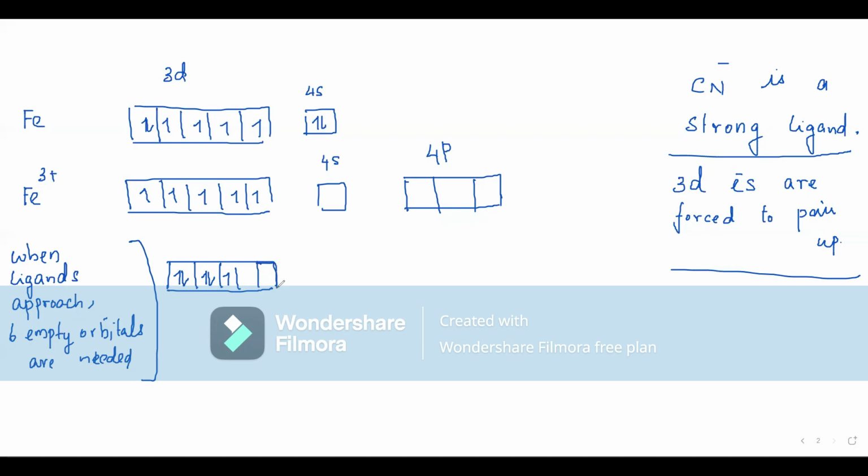Now you need 6 orbitals empty. Let us see whether we have 6 orbitals empty. So I have 2 orbitals in 3d, 1 in 4s, and 4 orbitals in 4p.